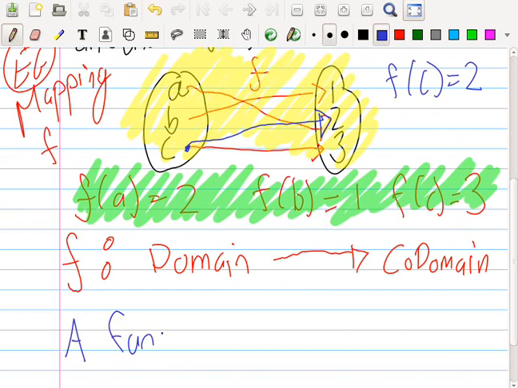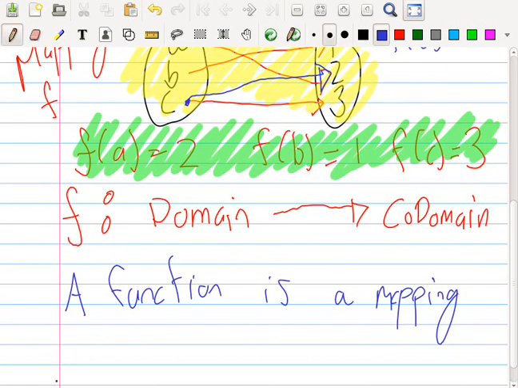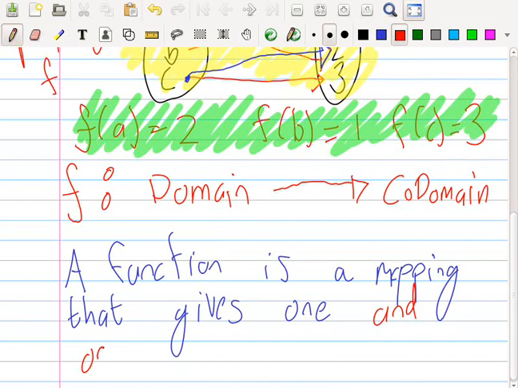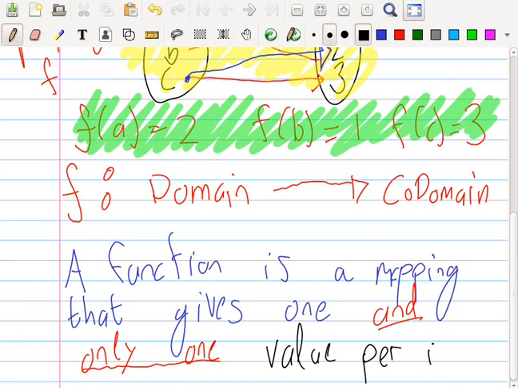So if you want, now we can explain what a function is. A function is a mapping that gives one and only one value per input.